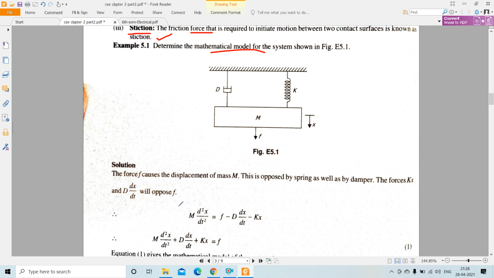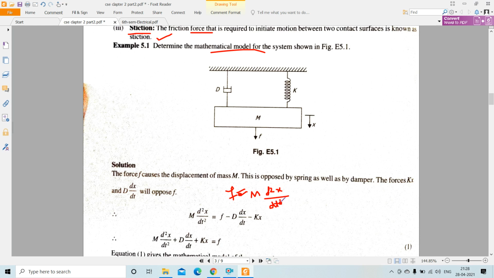So here the force expression is F is equal to m into d square x by dt square, because F is equal to m into a. This force is opposed by these two forces. So our main expression is F is equal to m into d square x by dt square.